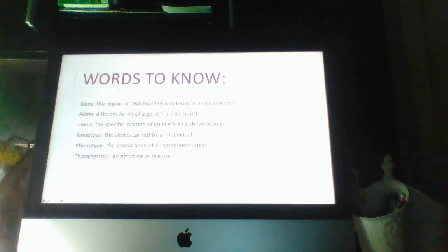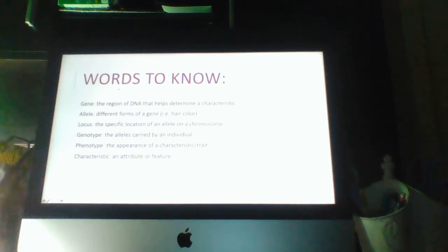Here are some words that you need to know. A gene is a region of DNA that helps determine a characteristic. And we talked about how DNA, of course, is in the nucleus, but it's also packaged in the chromosomes. An allele is a different form of a gene. In other words, think of an allele for hair color.